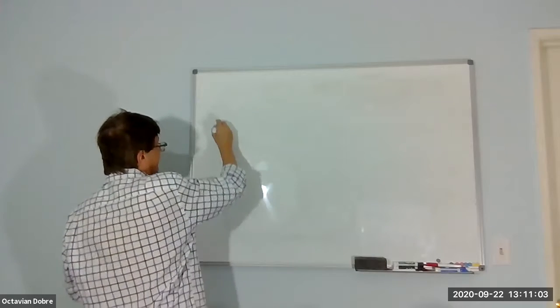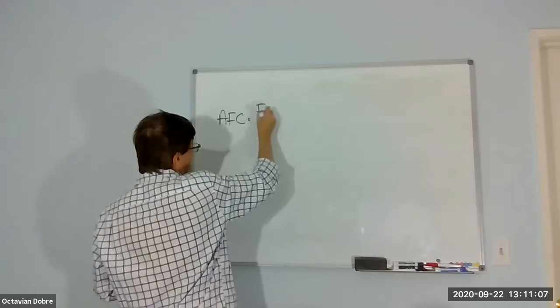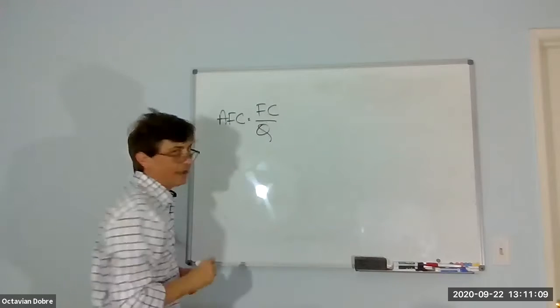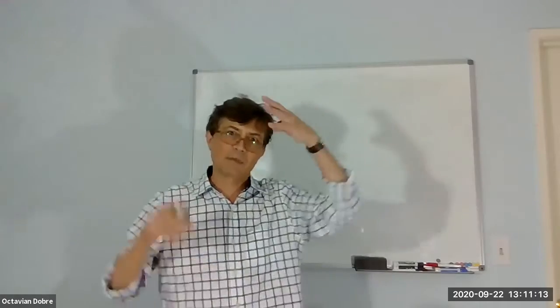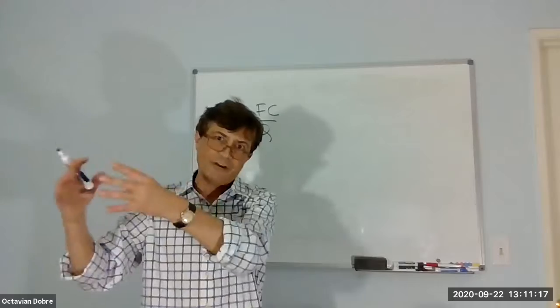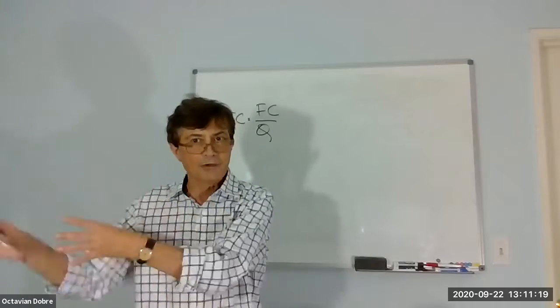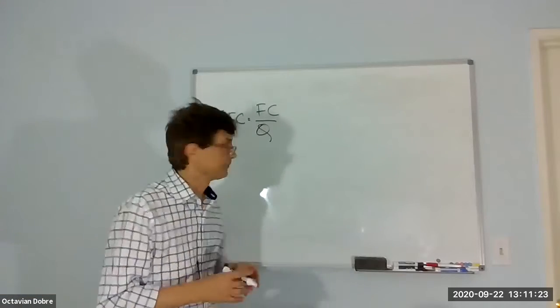Well, average fixed cost is going to be equal to fixed cost divided by the output. If I produce 3 units, it's going to be the fixed cost divided by 3. If I produce 100 units, it's the fixed cost divided by 100. If I produce 1,000 units, it's the fixed cost divided by 1,000, and so on.